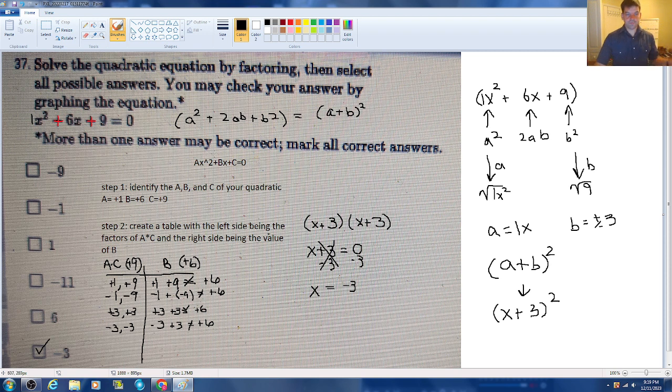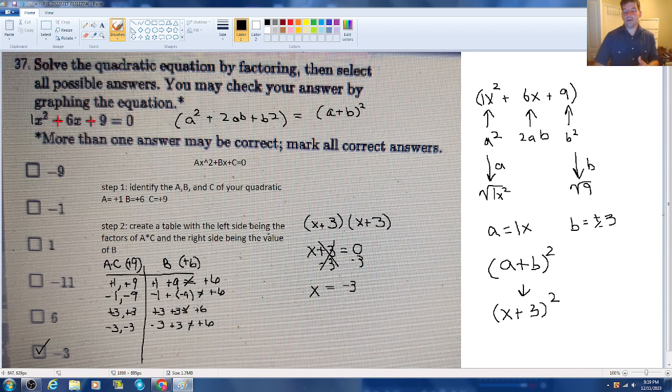And with these perfect square trinomials, you're going to only have one solution, okay? Because it repeats itself. So the final answer to this question is that your solution to the quadratic is that x equals negative 3. But the factored form of it is going to be x plus 3 quantity squared.